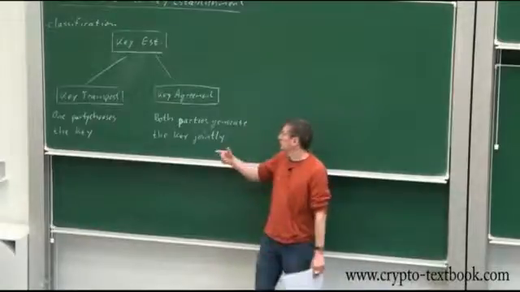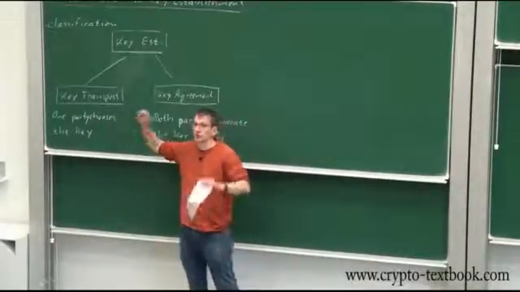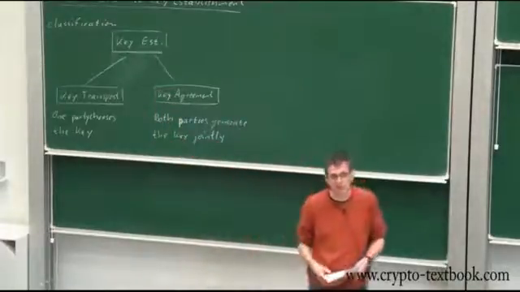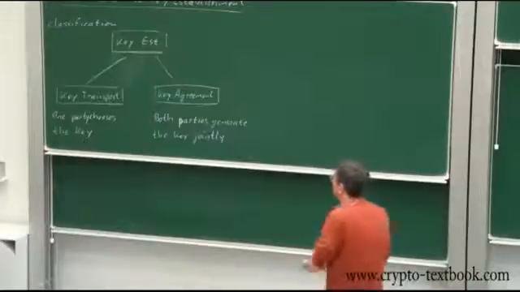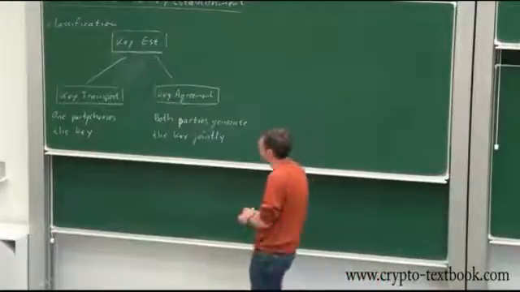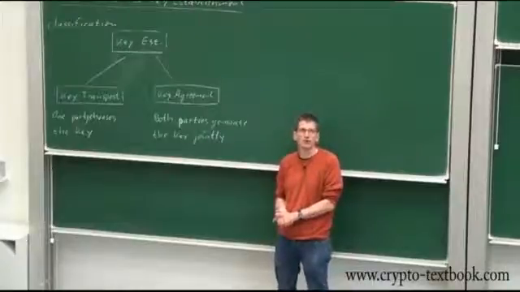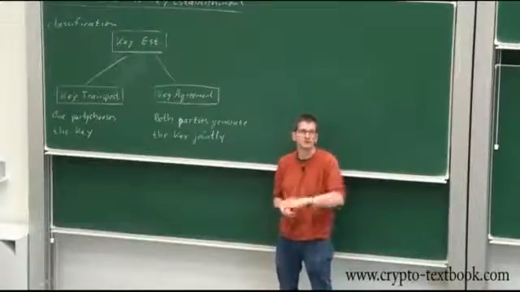What is your feeling? Which approach is more secure, or what are the security implications? What do you think security-wise? What is an advantage or disadvantage of those approaches? Any idea? Bauchgefühl. Ja.